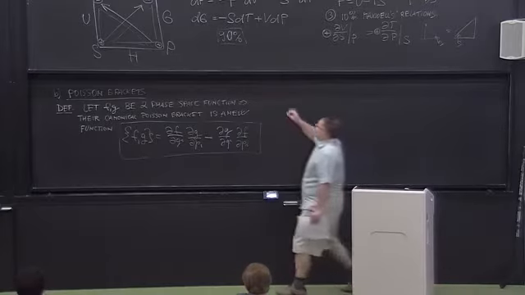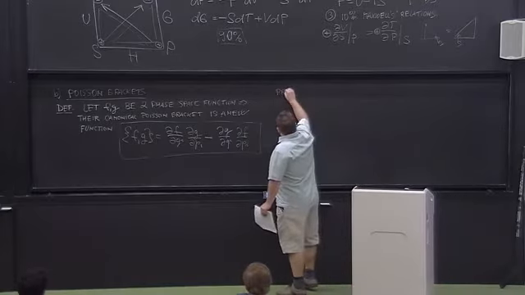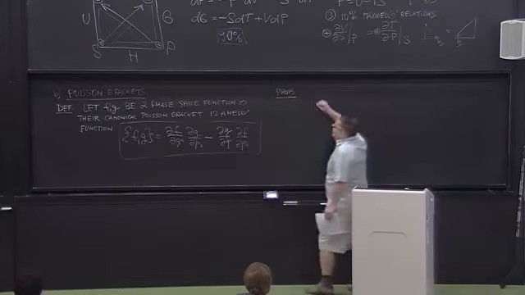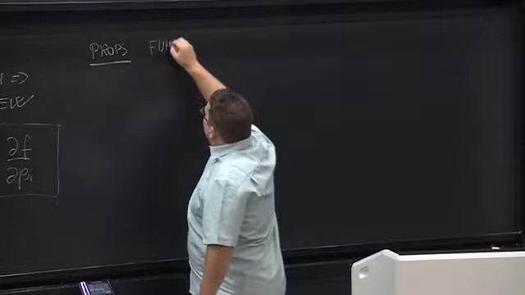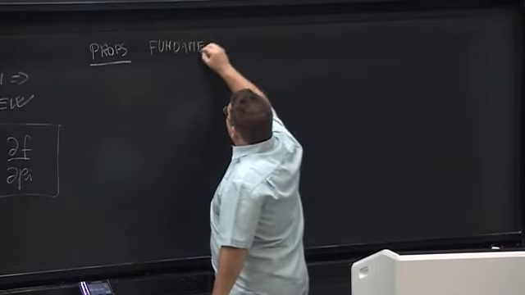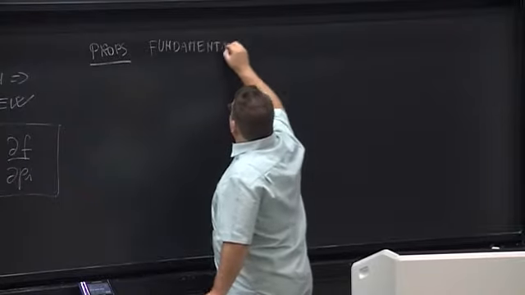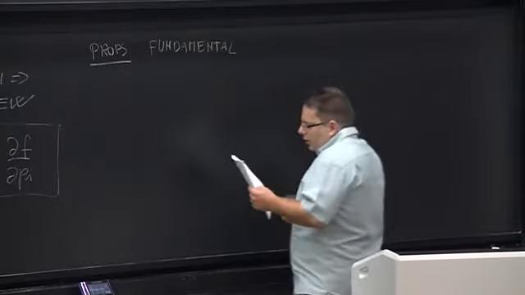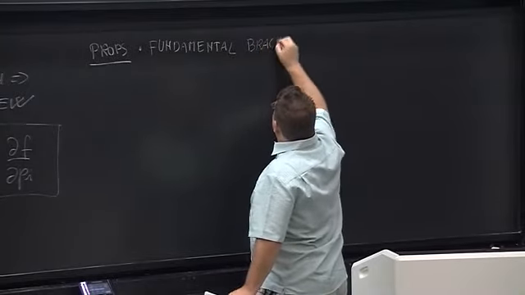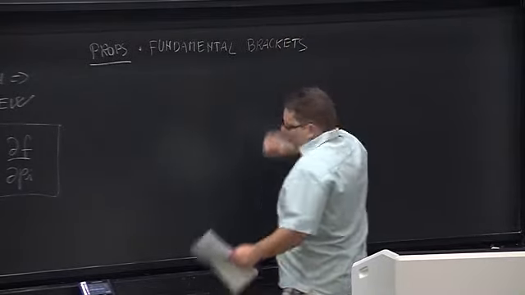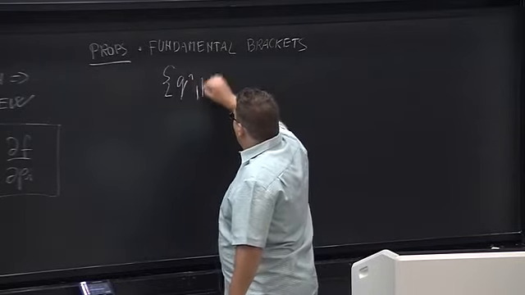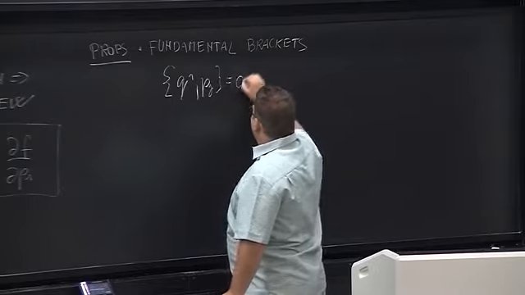So now some properties. Let me just summarize this. By using this definition here, you can easily check all these properties. One of them is the fundamental brackets. It's simply that the bracket of q_i and p_j is delta_ij.